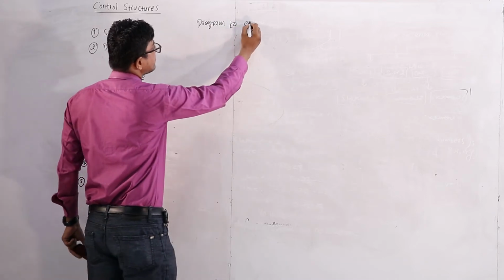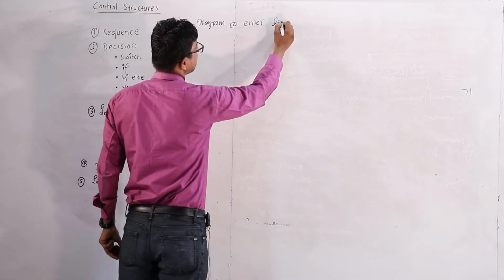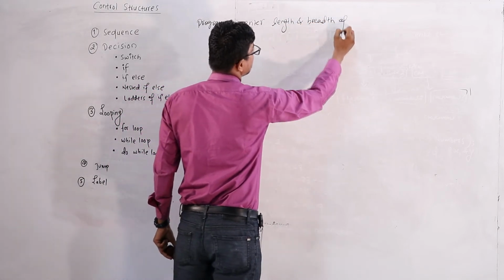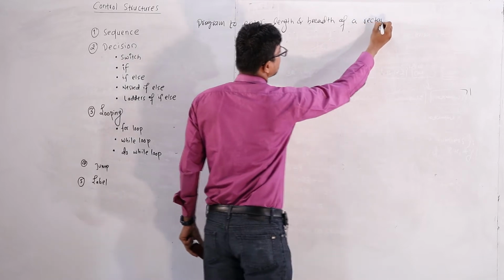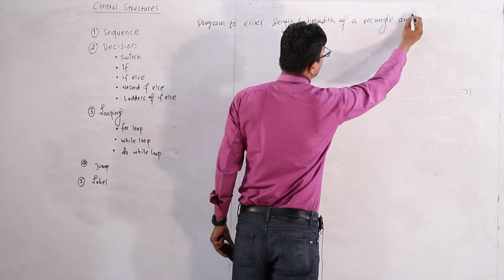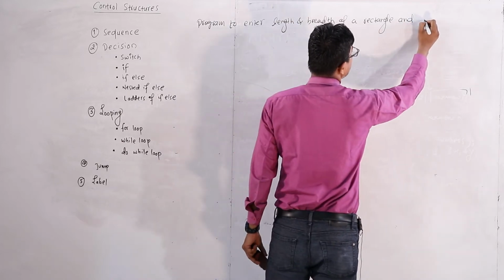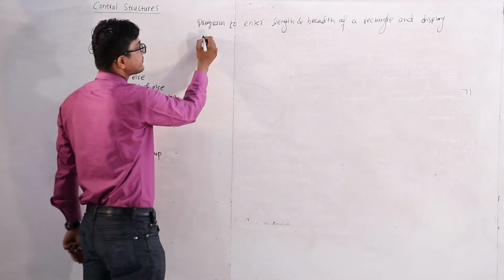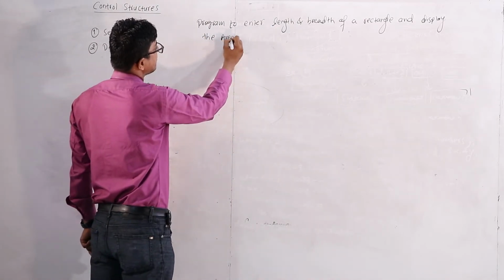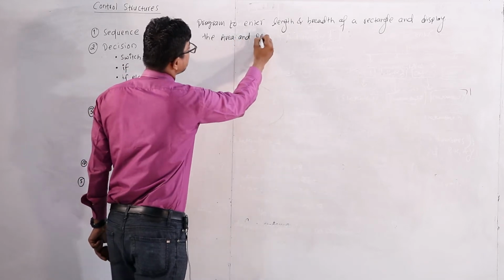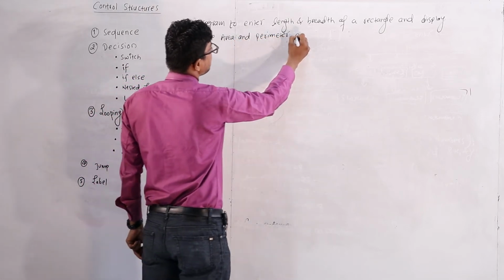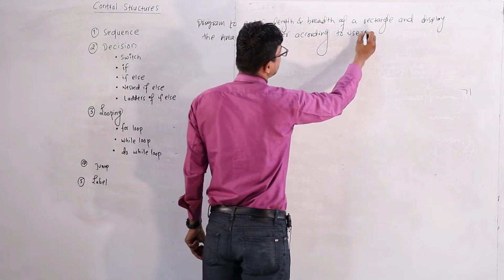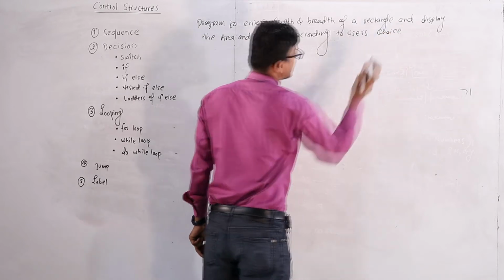Program to enter length and breadth of a rectangle and display the area and perimeter according to user's choice.